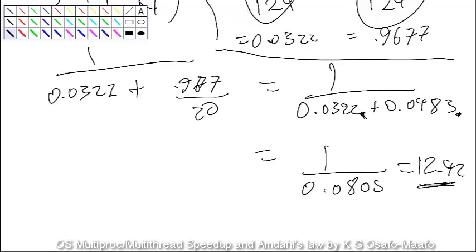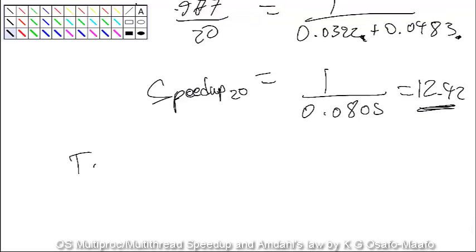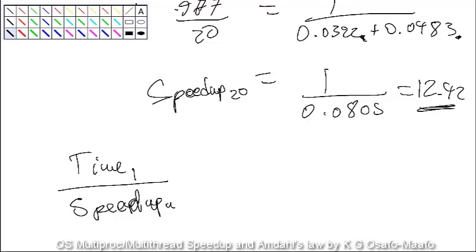So if I have this speed up, I can then use this to determine how much time will it take if there were 20. So this is my speed up for 20 things, right? And so my time that I would take for one thing divided by the speed up if there were 20 things would actually give me the time when there are 20 things. Right.